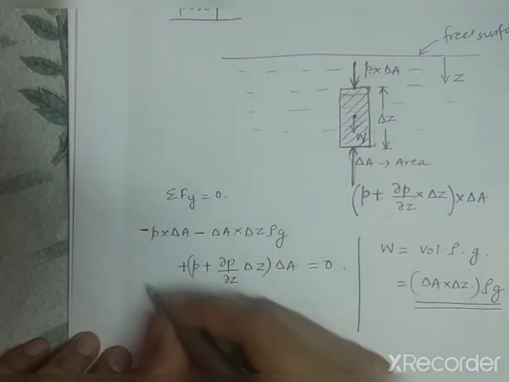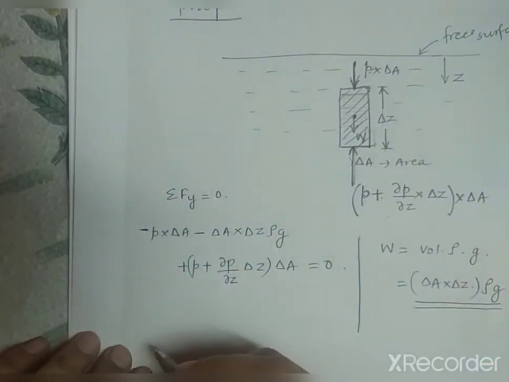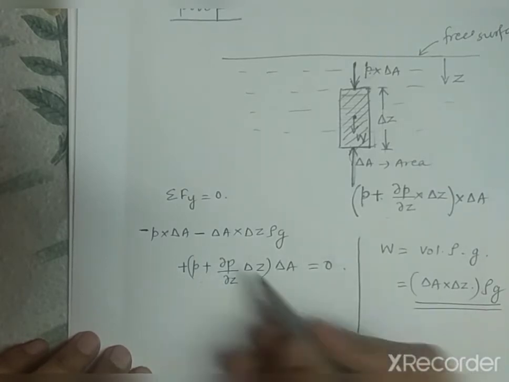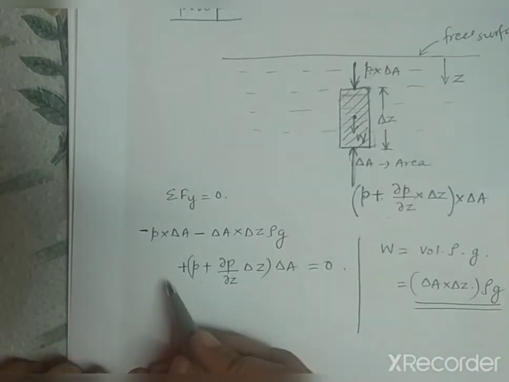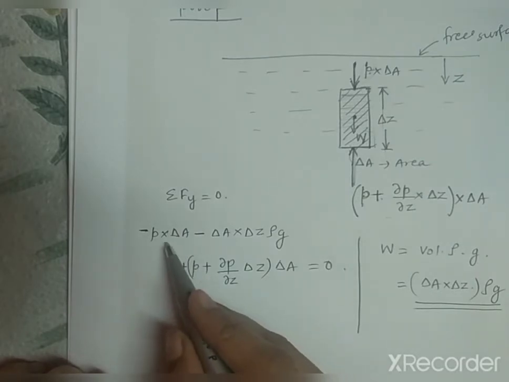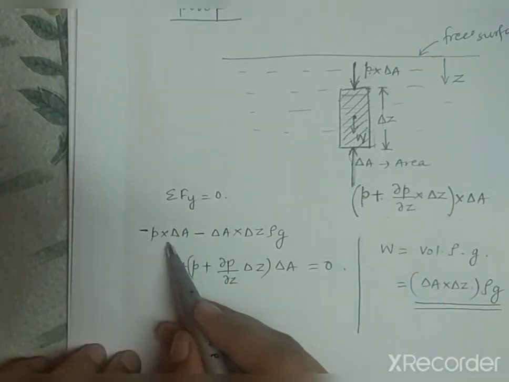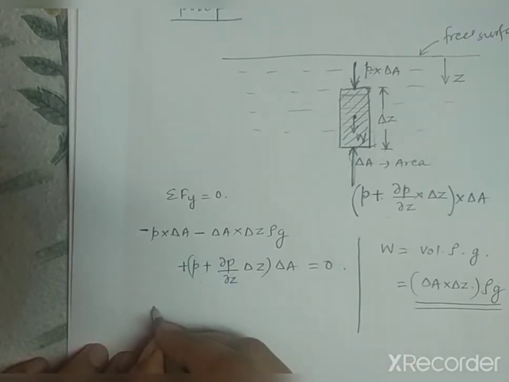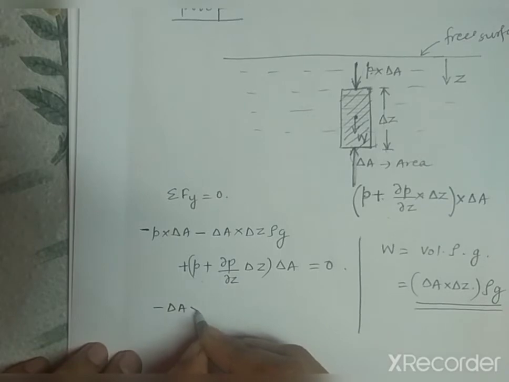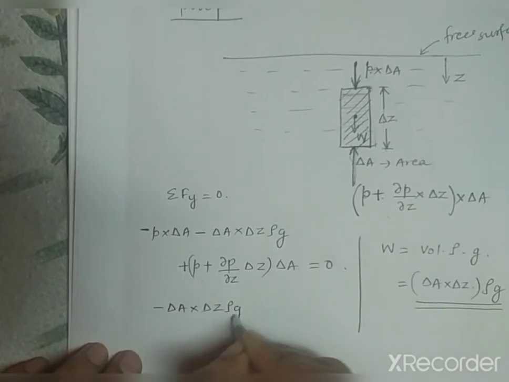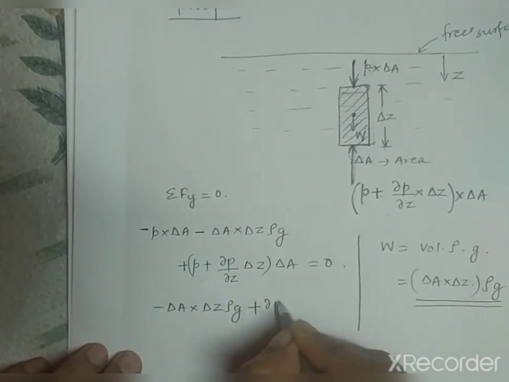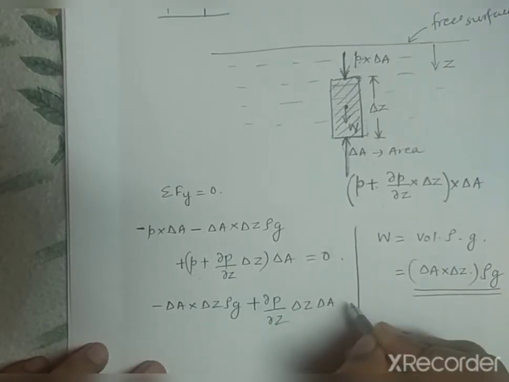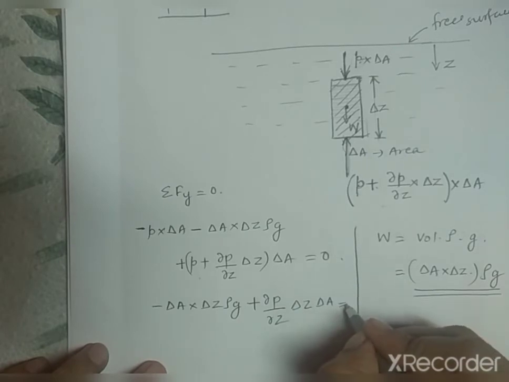We have considered all the forces here. Now I am taking delta A inside the bracket. These two terms, minus P delta A and P delta A, cancel each other. We have delta A into delta Z rho g plus dou P by dou Z into delta Z into delta A equal to 0.